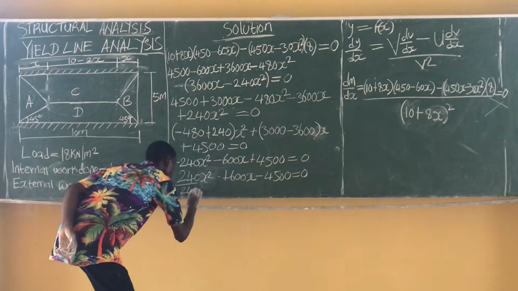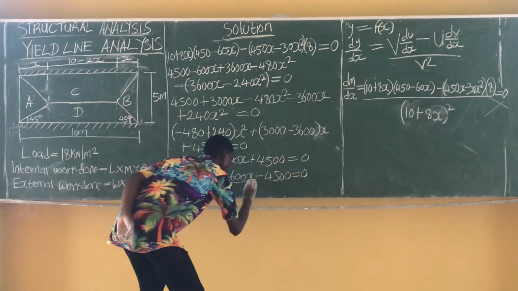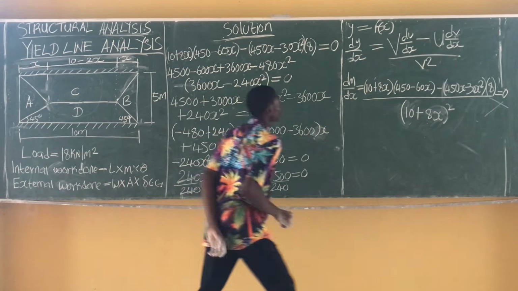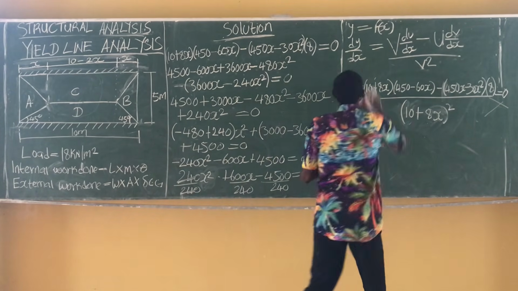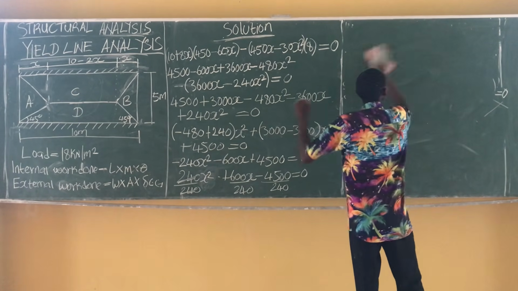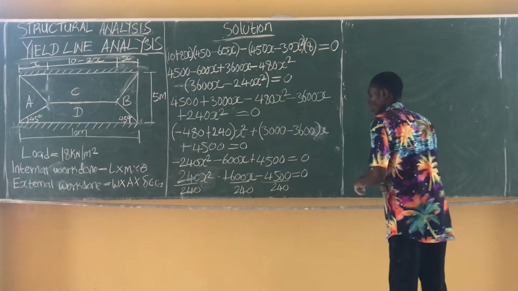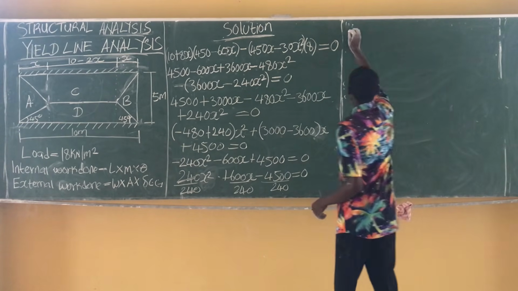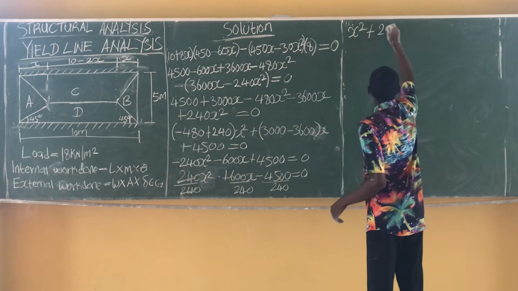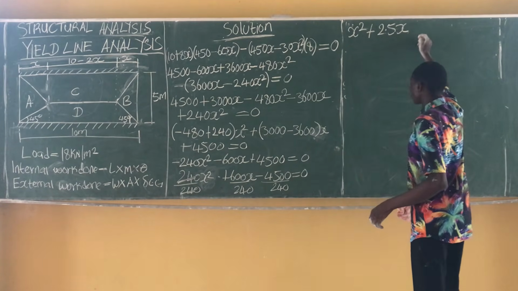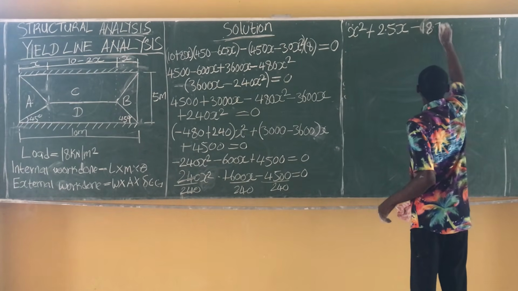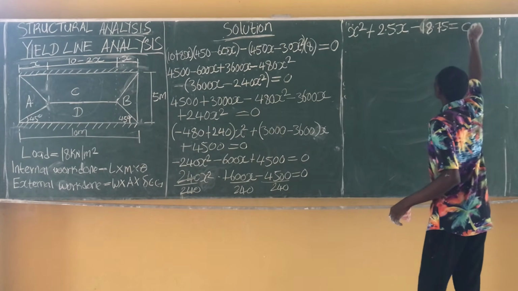So we divide it by 240. Okay, so we have x squared plus 2.5x minus 18.75 is equal to 0.